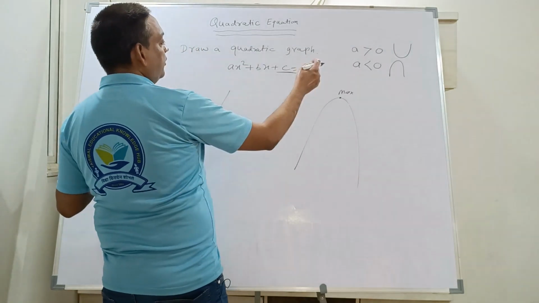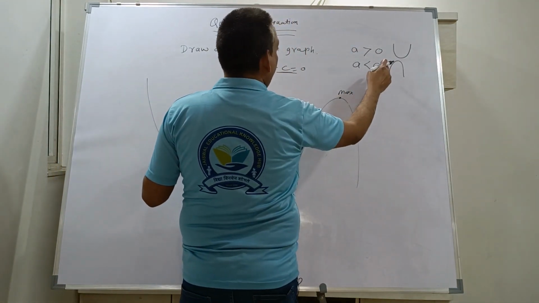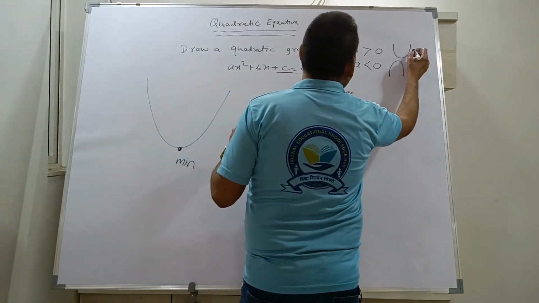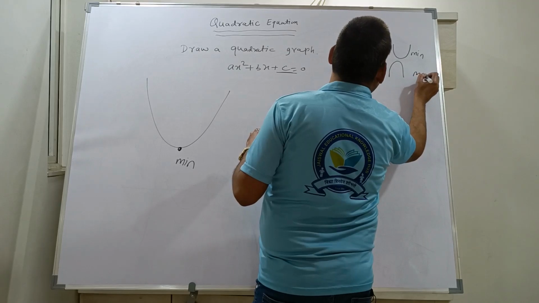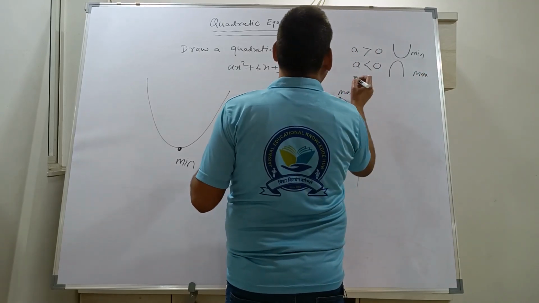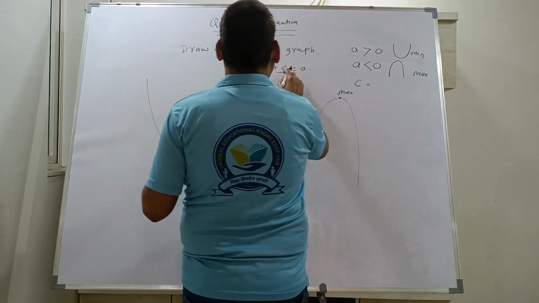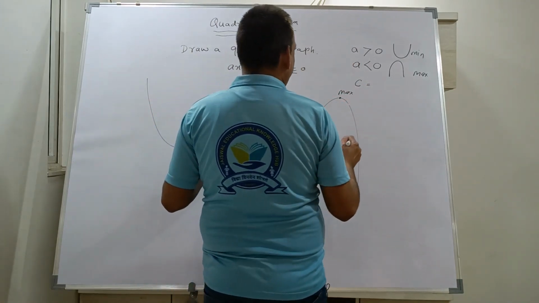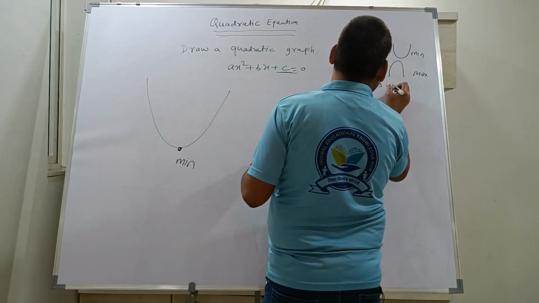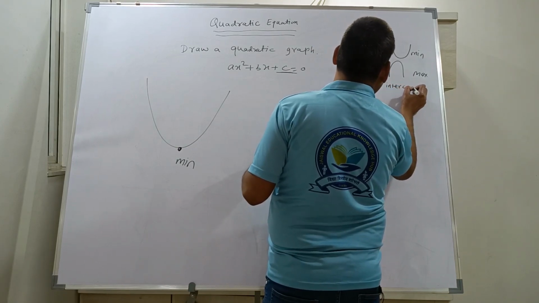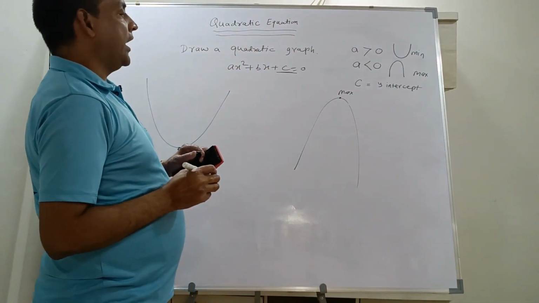So a will tell you whether the graph is a parabola or hyperbola, and also whether it has a minimum value or maximum value. This c will tell you at what point the graph intersects the y-axis. Therefore c is nothing but the y-intercept.